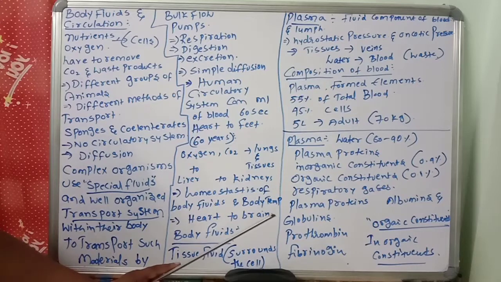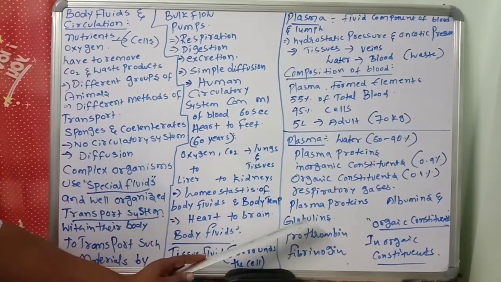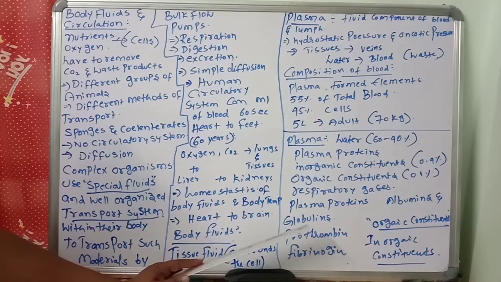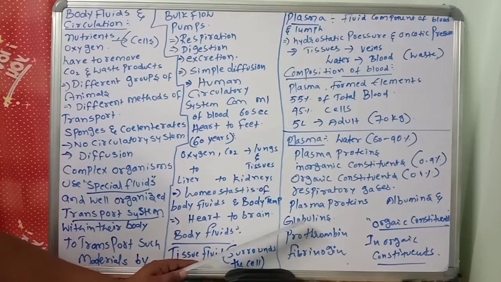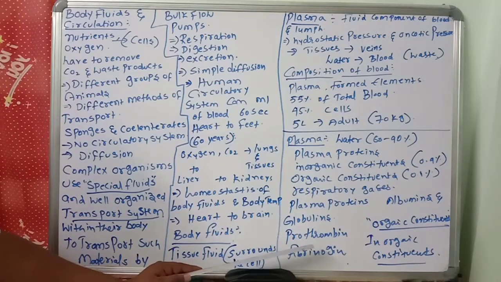Okay, the respiratory gases and plasma proteins: albumins, globulins. What is the function of albumins and globulins? Albumins and globulins maintain the osmotic pressure. Globulins facilitate the transport of ions. What about prothrombin and fibrinogen?